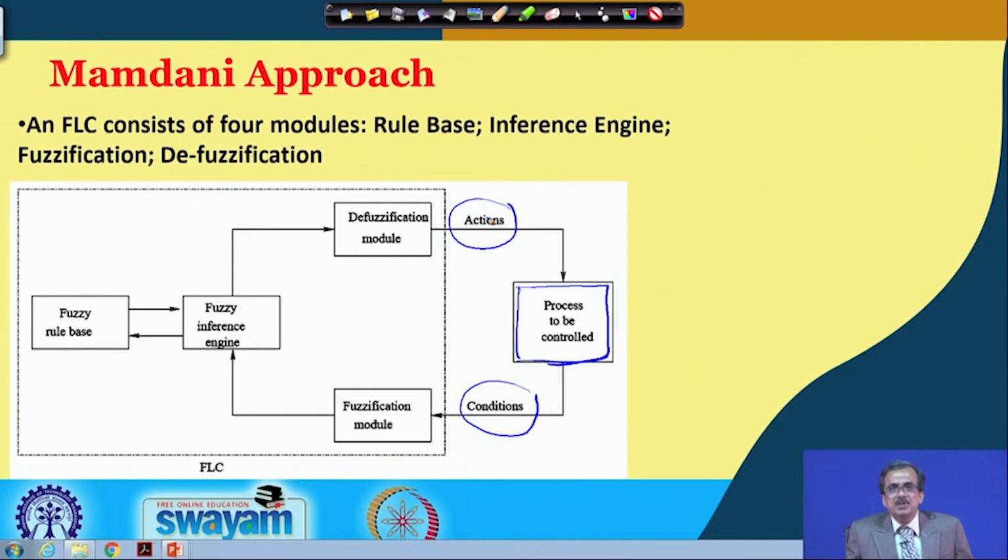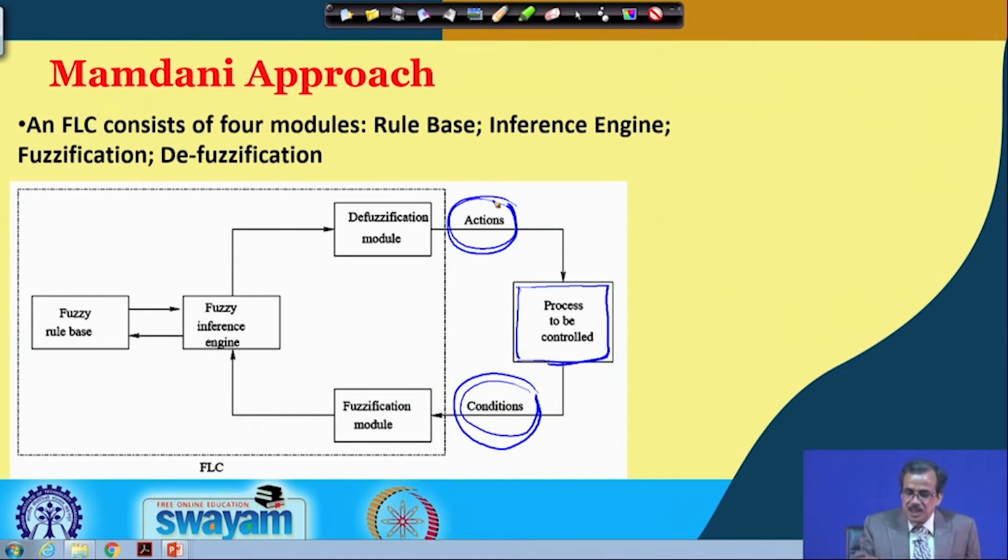The inputs are, as I mentioned, the temperature and humidity inside the room, the temperature and humidity outside the room, the thermal conductivity of the wall, and the number of people sitting inside this room. So, these are all condition variables. And what is the output or the action? The output is the angle of valve opening, so that we can keep the temperature and humidity of this room in a very comfortable zone.